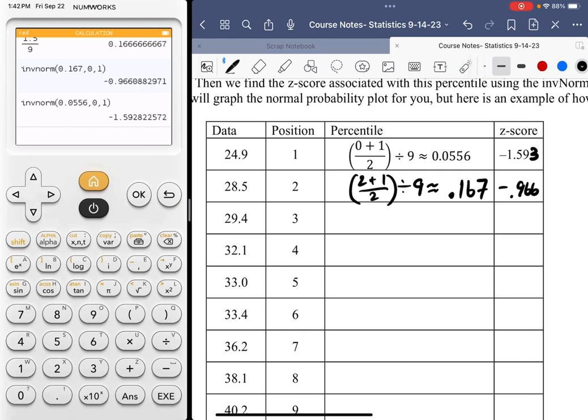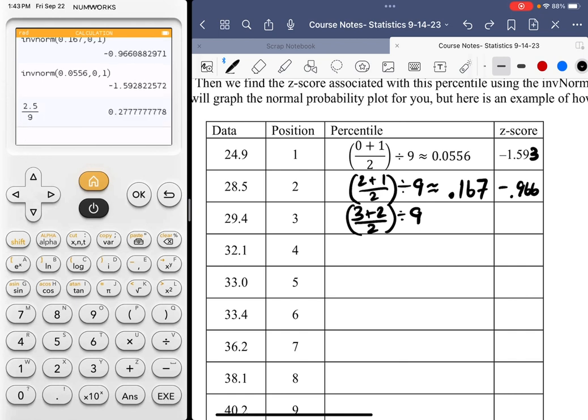So the next one will be 3 plus 2 divided by 2, divided by 9. So 5 over 2 is 2.5. We went from 1/2, then 1.5, now 2.5, so we have a trend there. So I'm going to say 2.5 divided by 9. That gives us this number here.